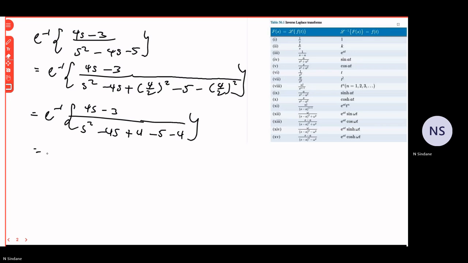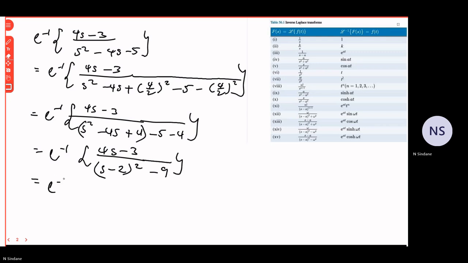I can now factorize this, which will be s minus 2 squared minus 9. Then the Laplace inverse of 4s minus 3 over s minus 2 squared minus 3 squared.